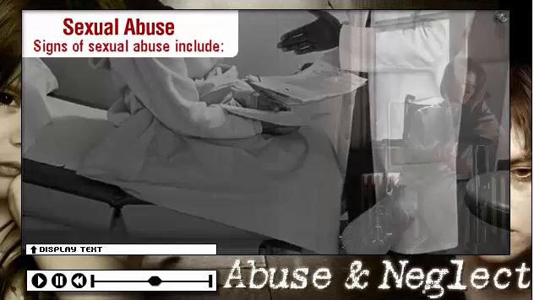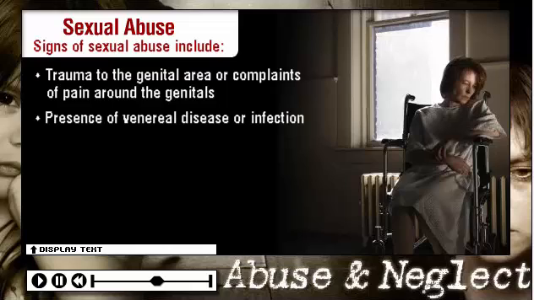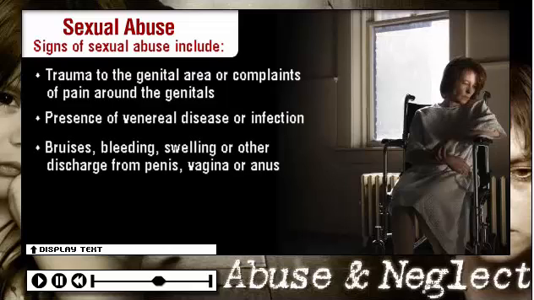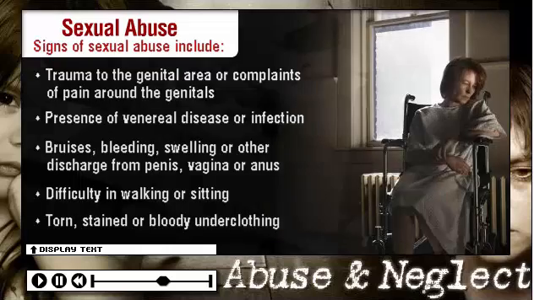Signs of sexual abuse include trauma to the genital area or complaints of pain around the genitals, presence of venereal disease or infection, bruises, bleeding, swelling or other discharge from the penis, vagina, or anus, difficulty in walking or sitting, torn, stained, or bloody underclothing.